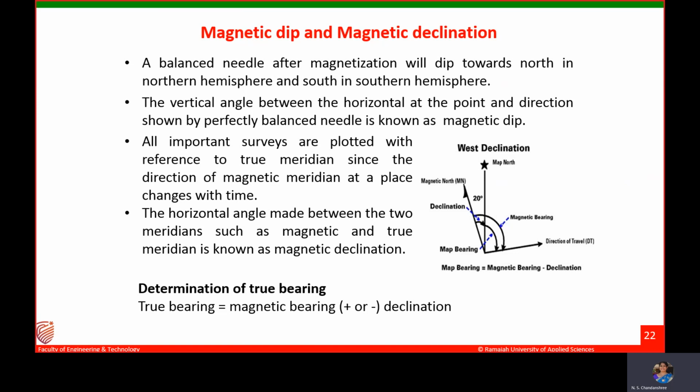If any slender or symmetrical bar magnet is freely suspended at its center of gravity, it is free to turn in any direction. It will align itself parallel to the lines of magnetic force on the earth. The direction of the magnetic line can be found out using a dip meter.